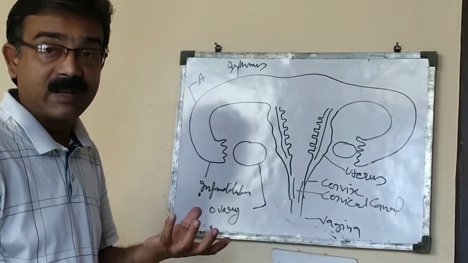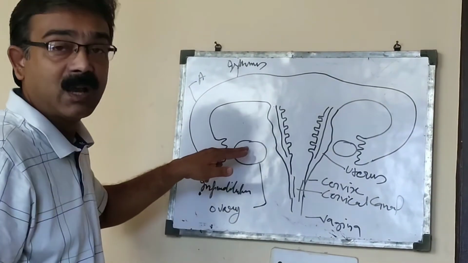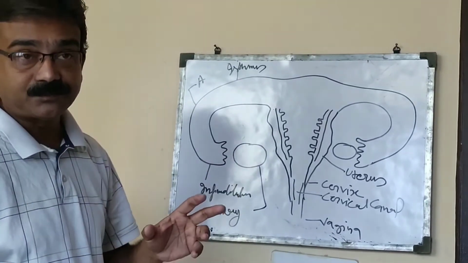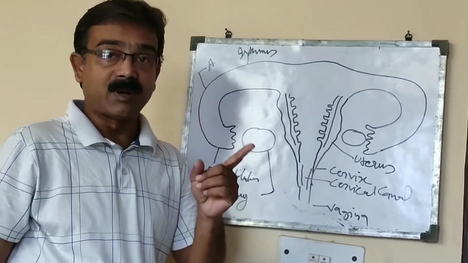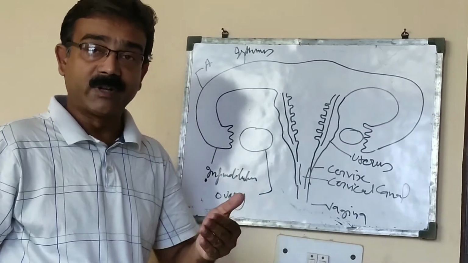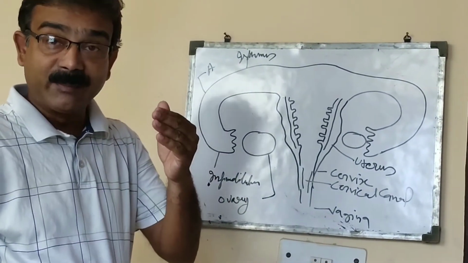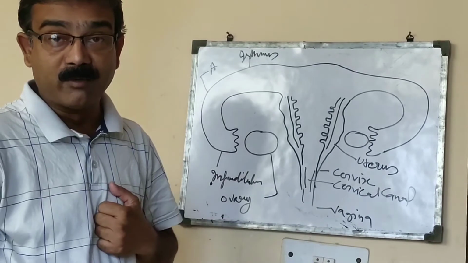Ovum means the female gamete that is released by the ovary, because you know the male gamete is movable, that is sperm. What is sperm? I will explain later. And the female gamete ovum is not movable.